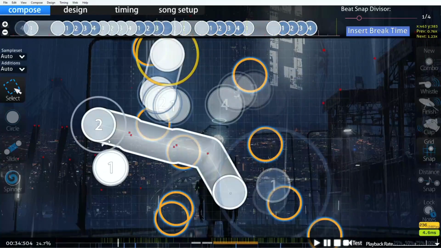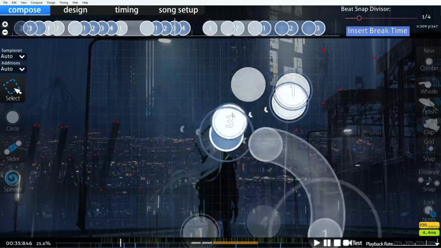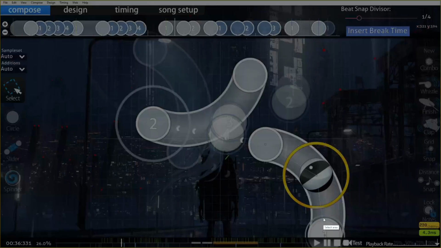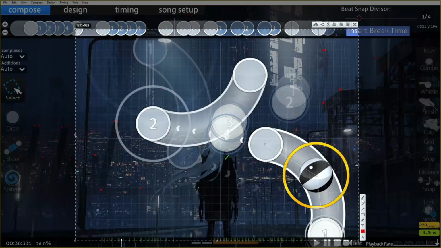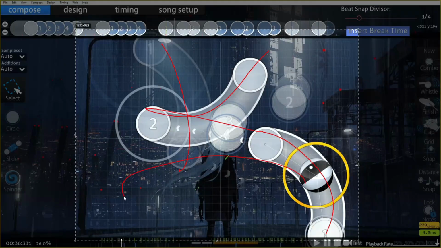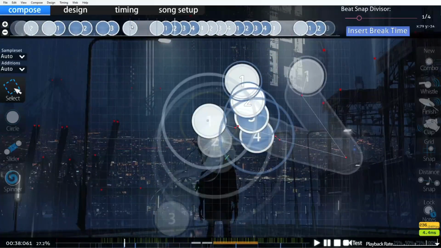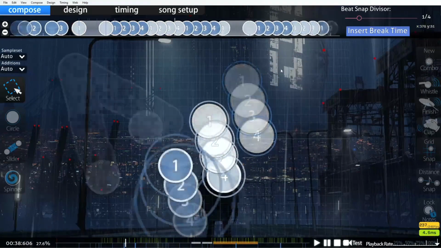Because it's not pointy like the rest of it. And all of these are kind of going in the opposite direction. It's something like this. I don't remember where the slider was. I think it's here. So it's all going in opposite directions. And we are right back into the same type of mapping.